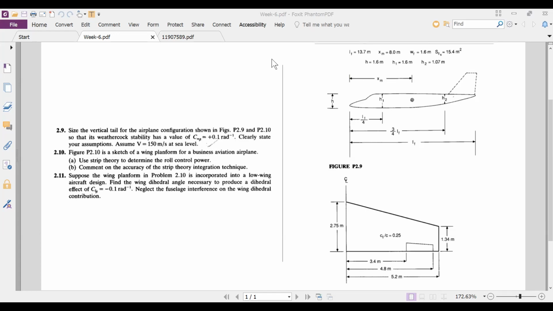We are waiting for other people to join, and if you can try solving the last question, 2.11. I'll give the first 5 to 10 minutes for that question.